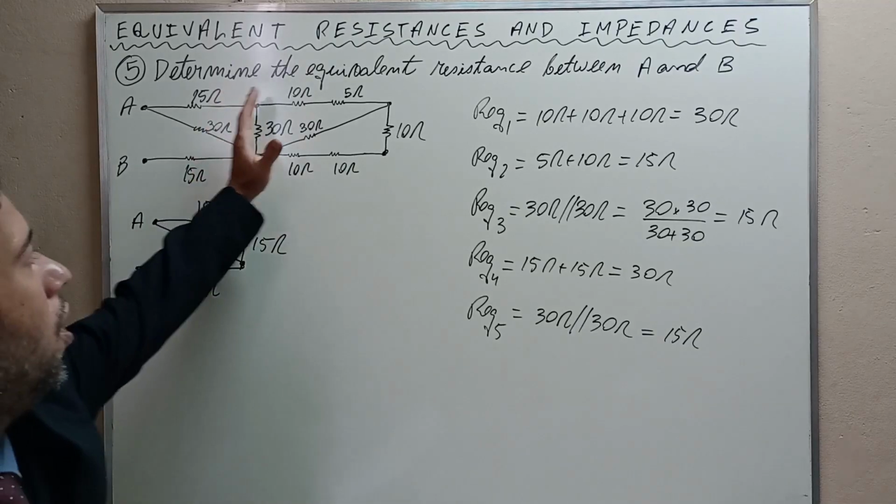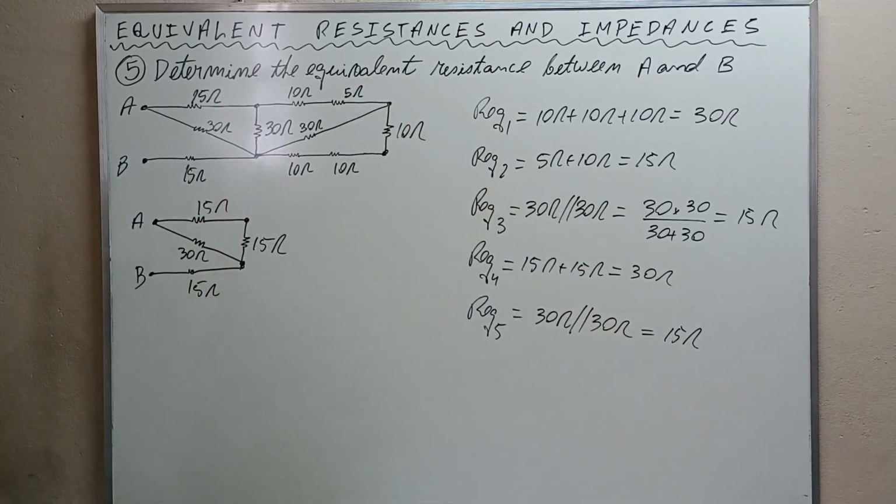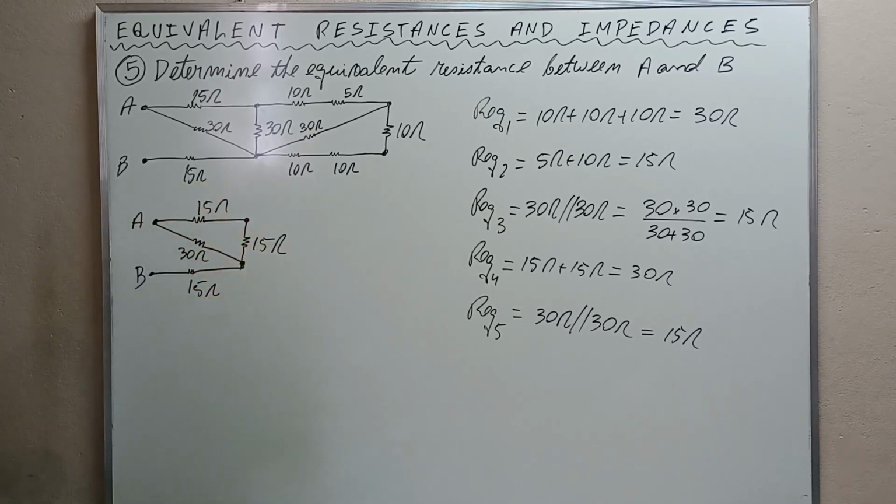We replace all these by this, and the circuit becomes this. This is in series with this. Can you see these two 15 ohms resistances in series?